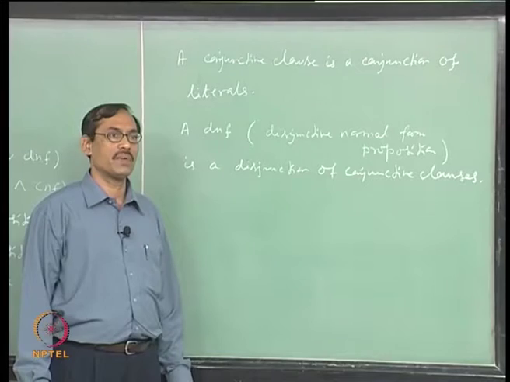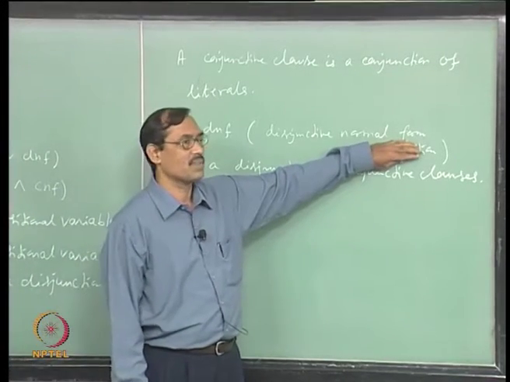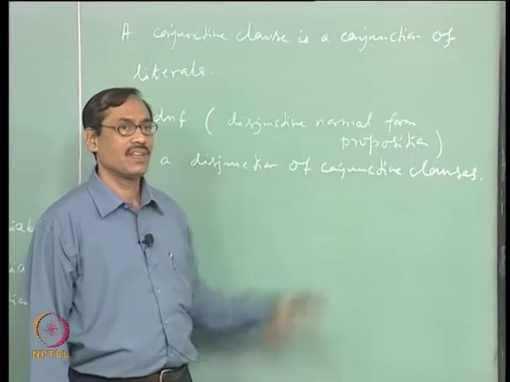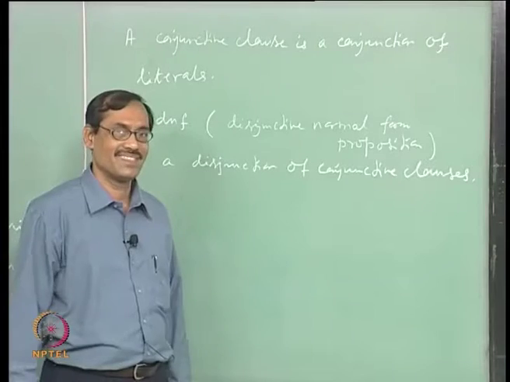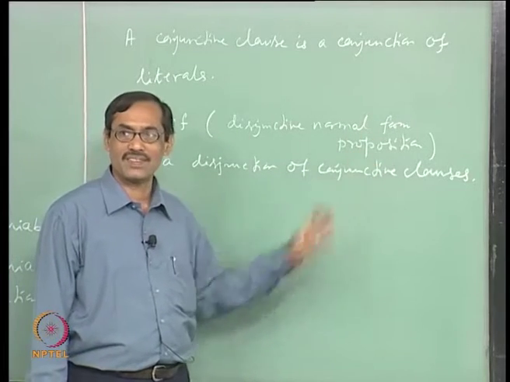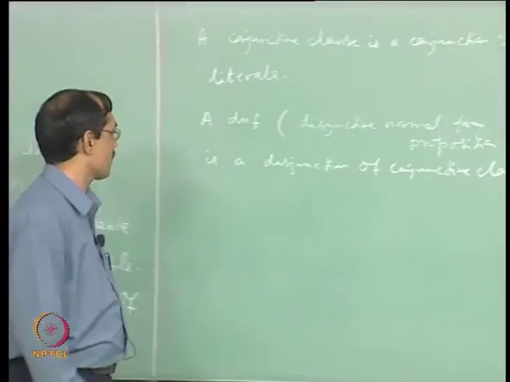We say a proposition is in DNF. So, there we do not read this proposition word, right. We say proposition is in disjunctive normal form. Also, as it is for a DNF, a proposition which is in DNF, we say it is a DNF, right. So, in that case we read DNF means disjunctive normal form proposition. Okay, both the ways it is being used.